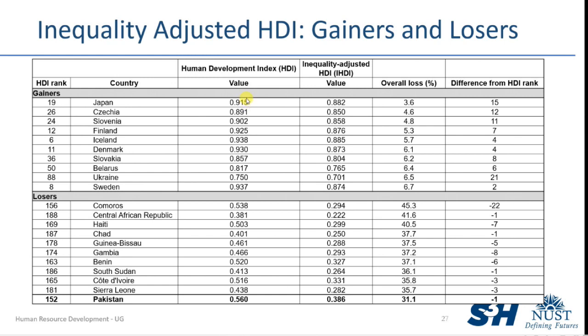loss to the overall human development index because of the inequality adjustment is not that big. So these are the lowest losses. 3.6% is the loss in inequality adjusted human development for Japan. It means that inequality is quite low in Japan, and in all these countries actually the loss is highest level is 6.7% of the HDI.